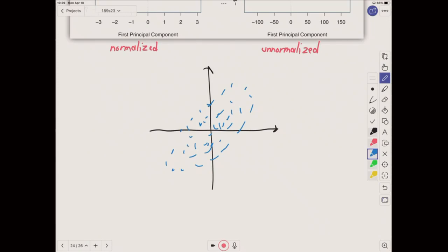So when you normalize the data, this won't change. But when you do PCA, you've got one direction that's very strong and one direction that's much weaker, because PCA is allowed to rotate and normalization is not.